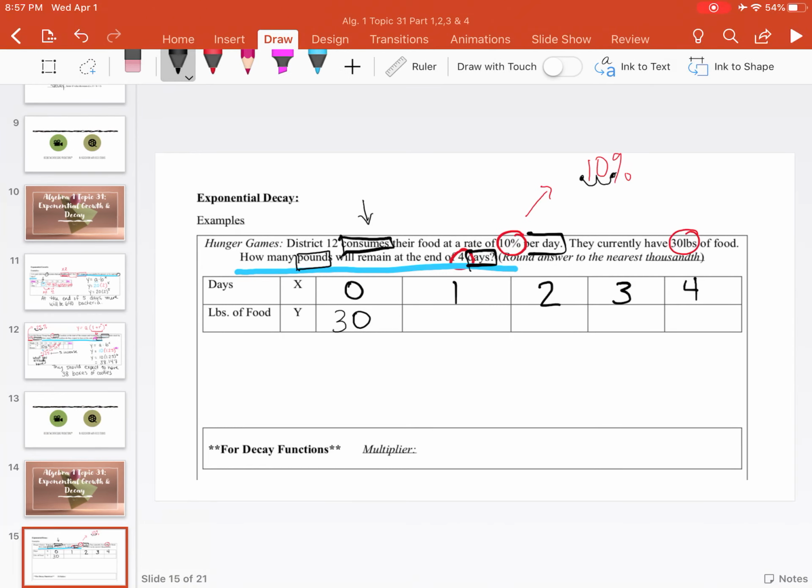Here, what we need to do is instead of multiplying by 0.10 or 1/10, what we need to multiply by is 0.9. And this 0.9 represents how much is left.